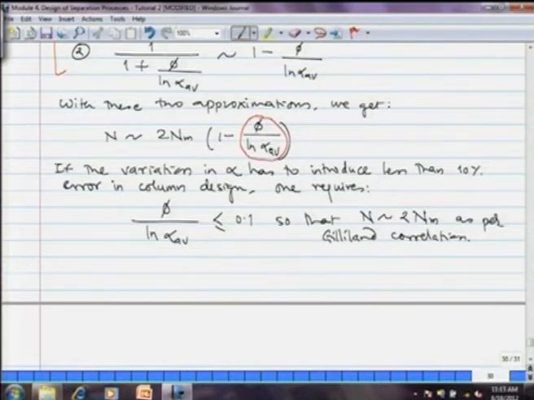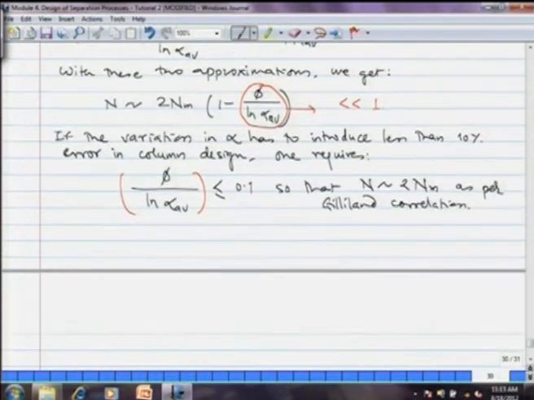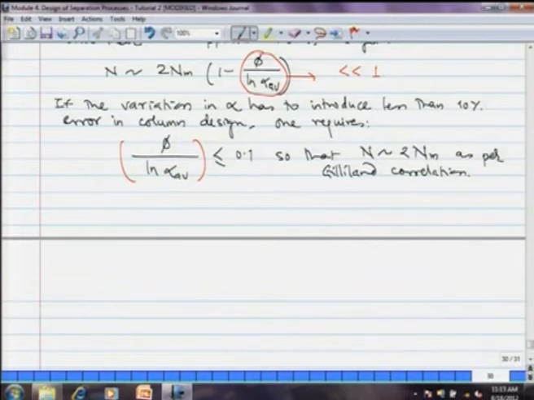That means we can ignore this. If this second expression is far less than 1, then we can ignore this, and then N becomes equal to 2 times Nm, which is the Gilliland expression, and that will happen only when phi divided by ln alpha av is less than or equal to 0.1. So, we get N is equal to 2 times Nm as per Gilliland correlation.